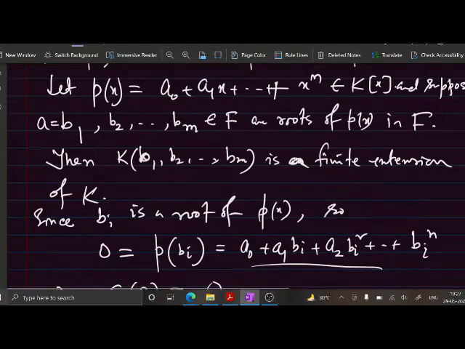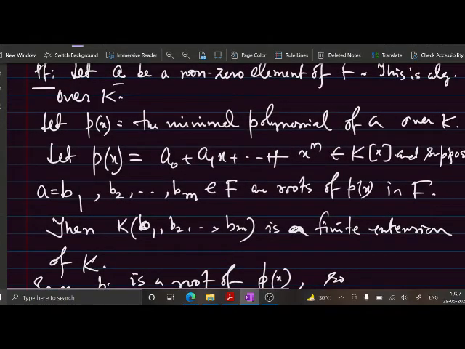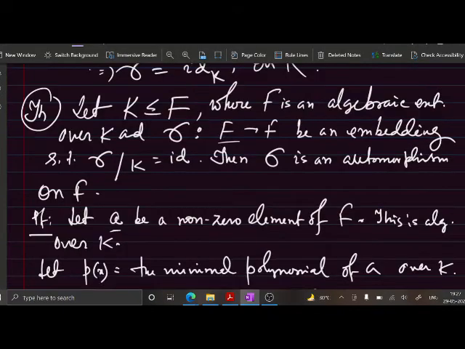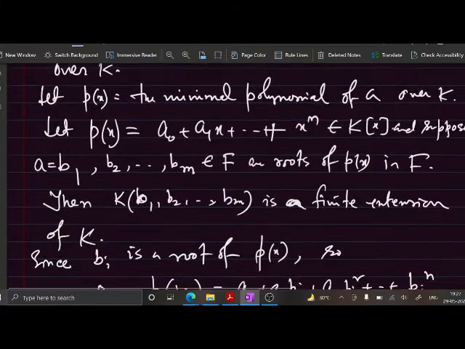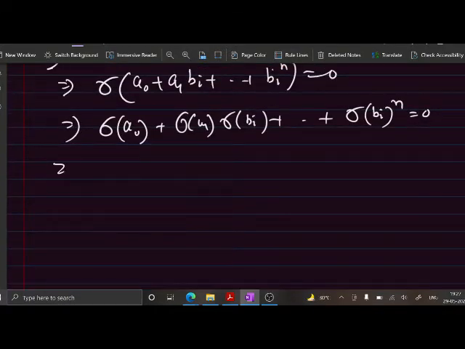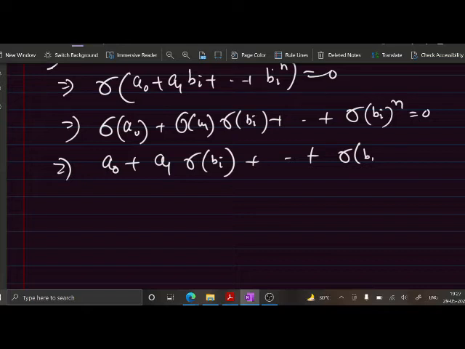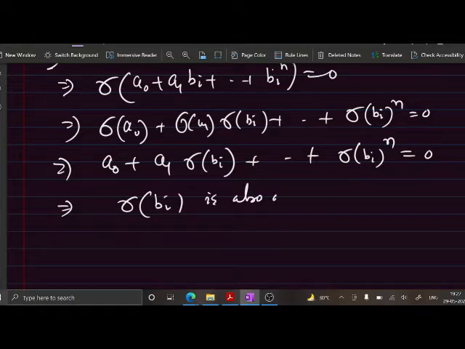Now since sigma restricted to K is identity, so this is a0 plus a1 sigma bi plus ... plus sigma bi to the power n equals 0, and this says that sigma bi is also a root of p(x) in the field F, right?